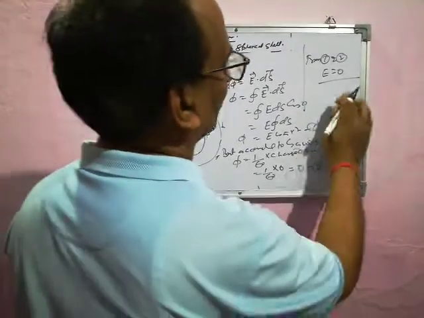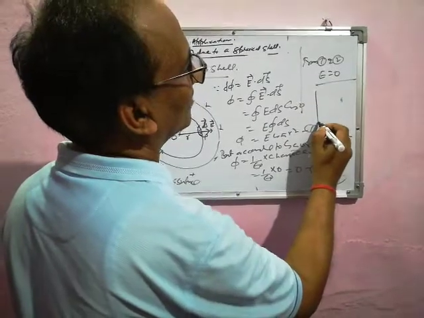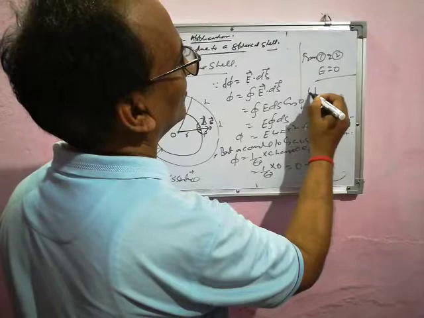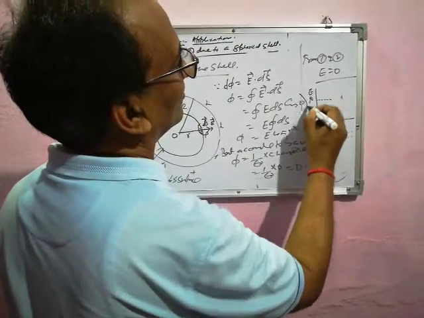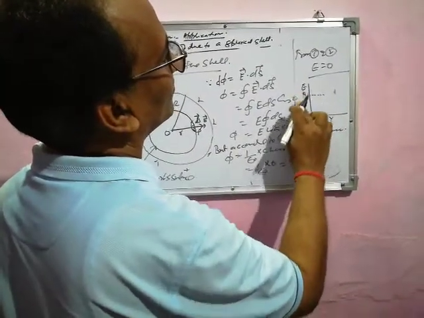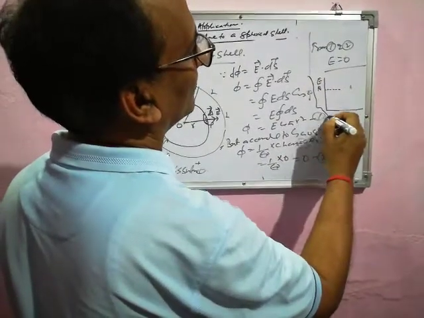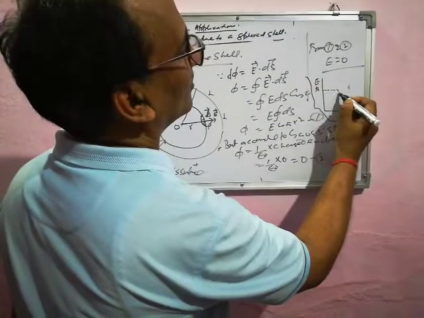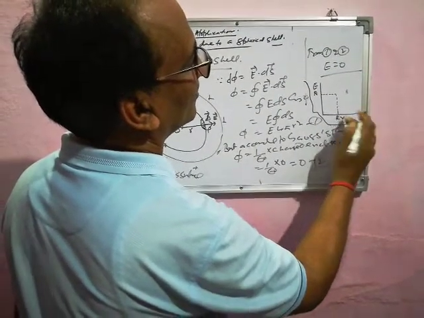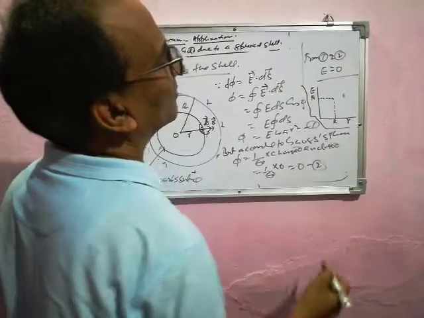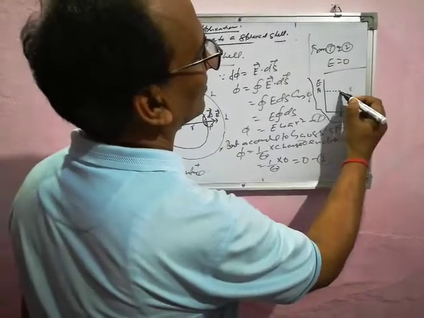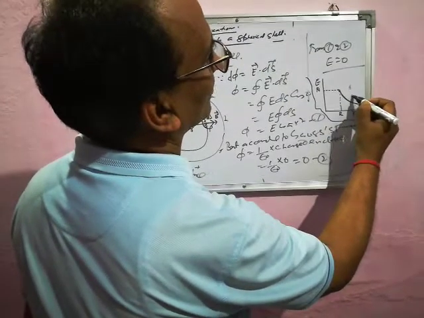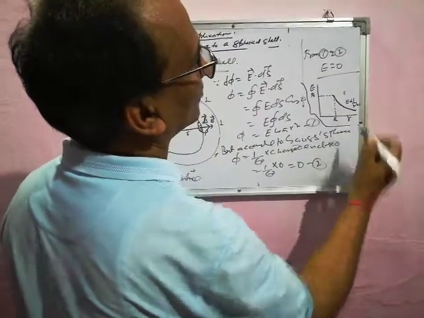If we draw a graph showing the variation of electric field with distance from the center, as there is no field inside, up to the surface E is equal to 0, and outside the surface E is inversely proportional to r square.